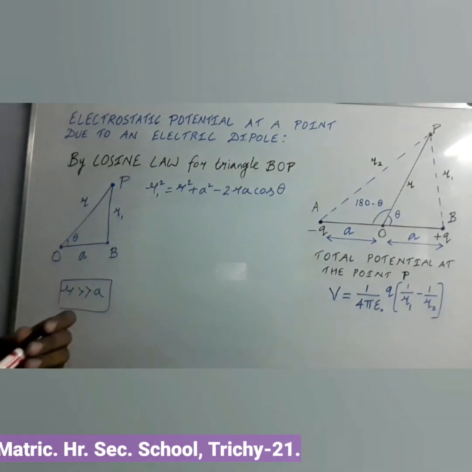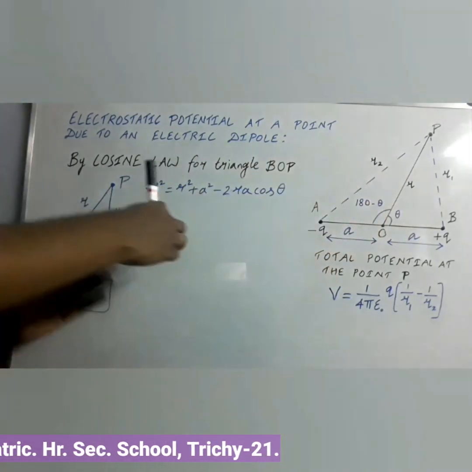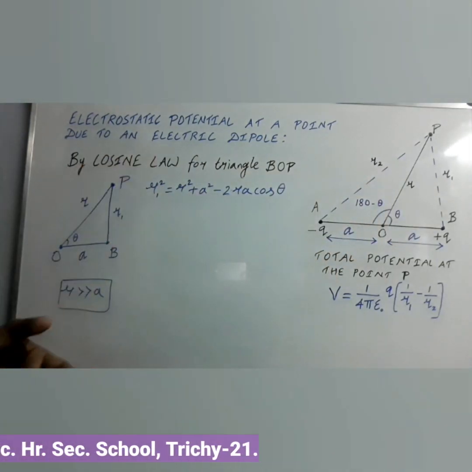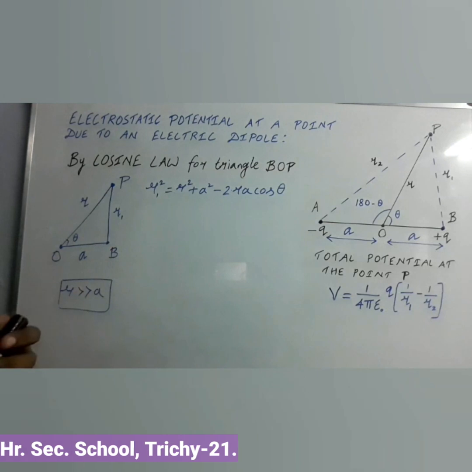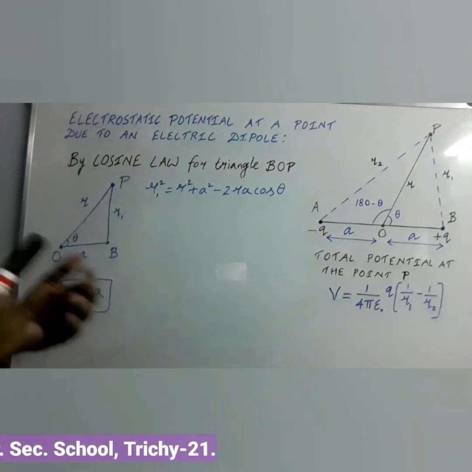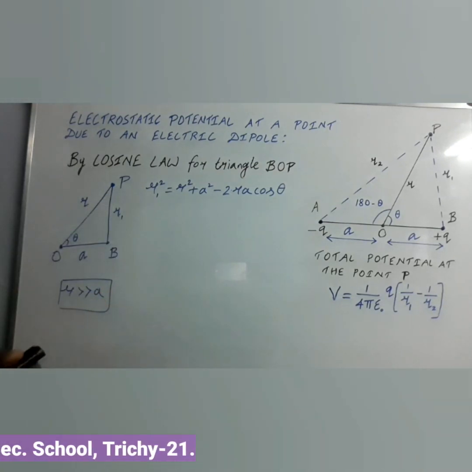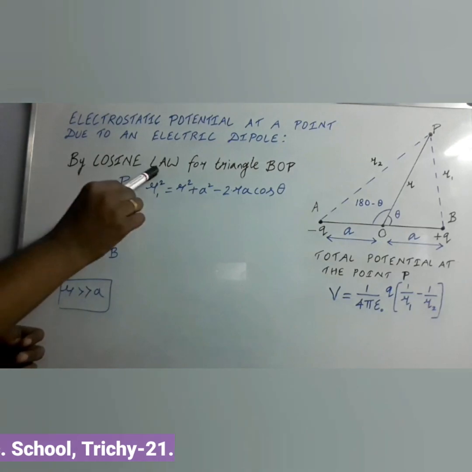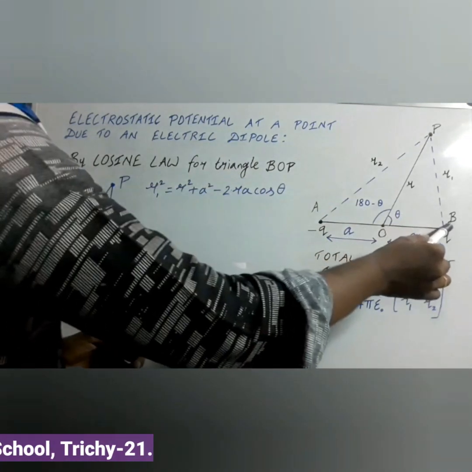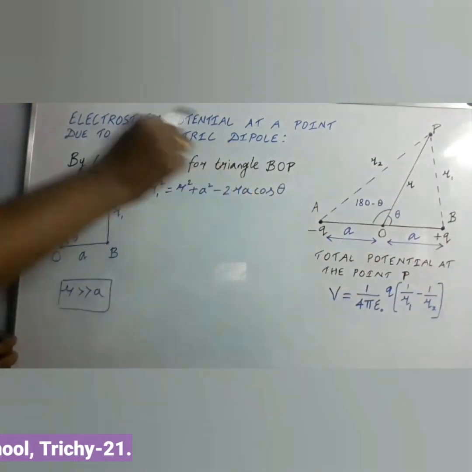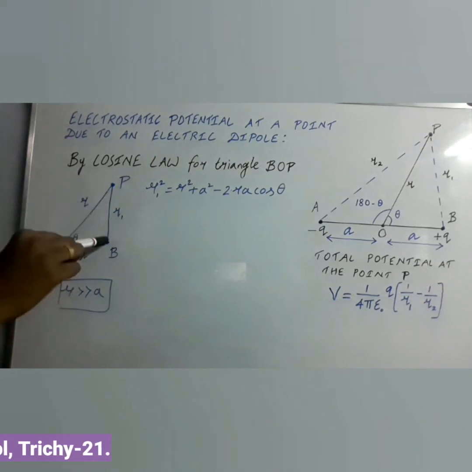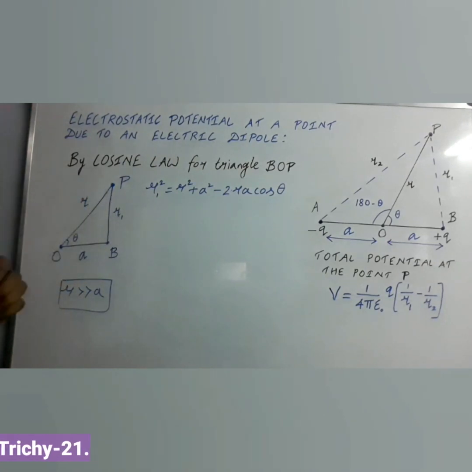To find the values of R1 and R2, we are going to use the cosine law of triangle. In the beginning of the video, I have given the photograph which gives you the idea about the cosine law of triangle. By using the cosine law for the triangle BOP, we can find the value of R1. What is the statement of the cosine law?